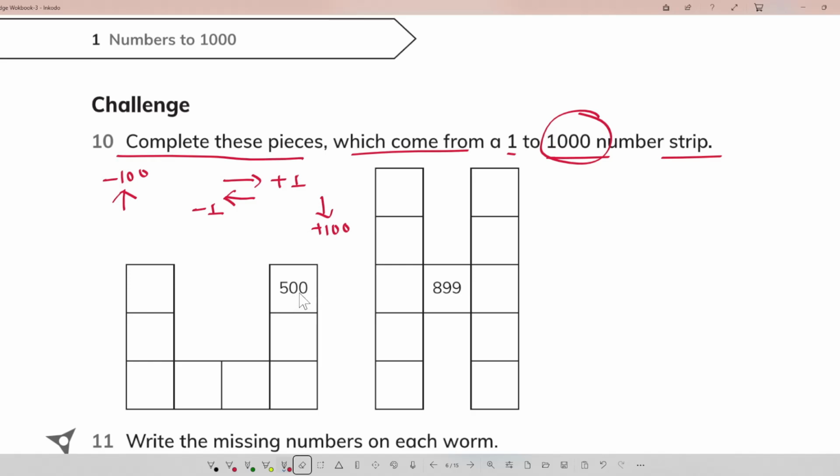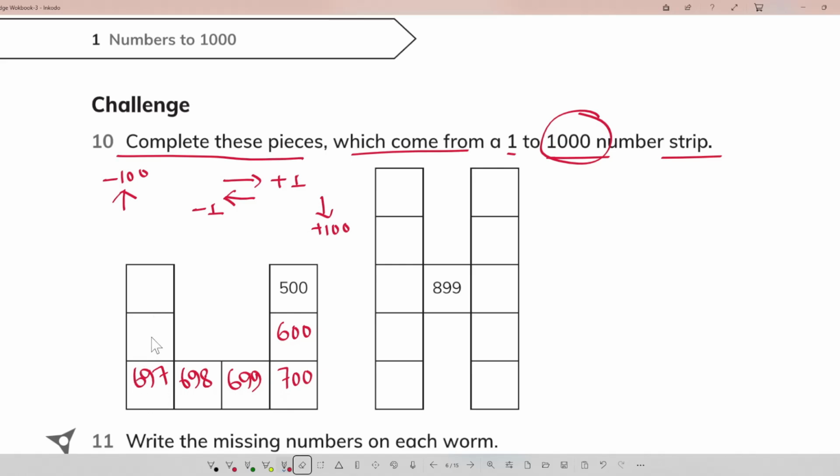So here is 500, so we can write 600, we can write here 700, and minus, so here is 699, 698, and here is 697 because we decrease 1.